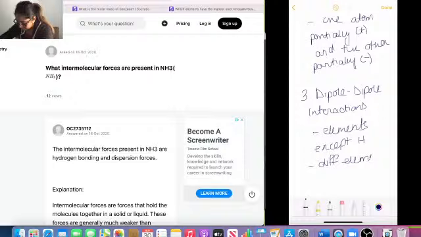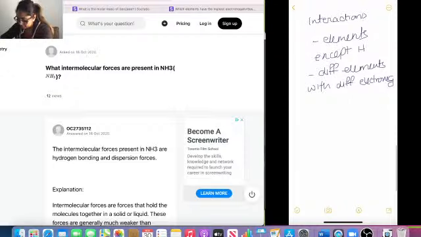Okay, and so the electronegativity difference is what creates the dipole-dipole forces. So it also creates partial charges on different sides of the molecules.